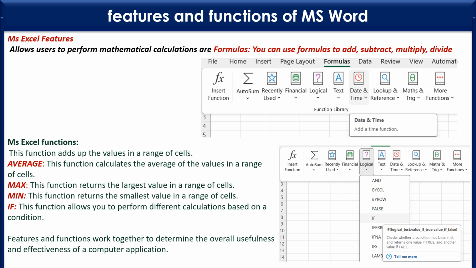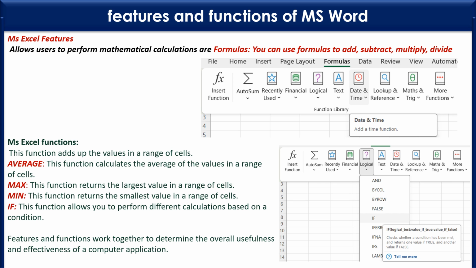So when it comes to Microsoft Excel functions, these functions add up the values in a range of cells. For example, we have average, maximum, minimum, and the IF function.